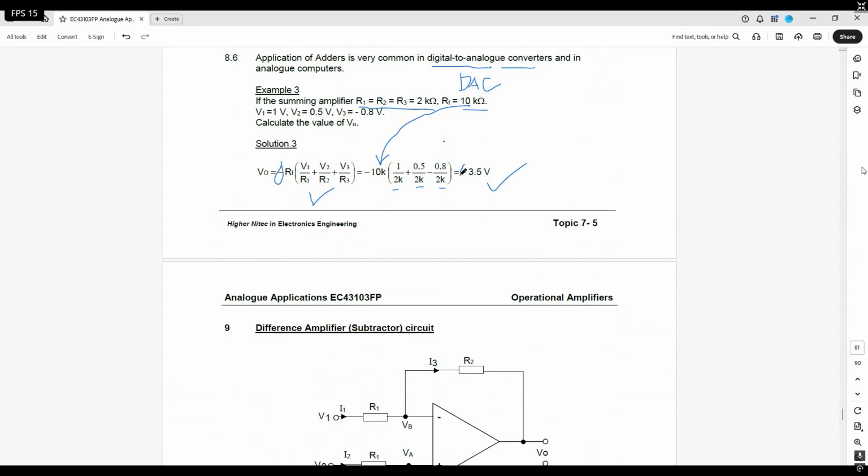I still emphasize, please don't forget to write the negative sign, because without the negative sign it becomes 3.5 volts and the answer is incorrect. Any question? I pause for a short while in case you want to clarify any part of the calculation for the summing circuit. Any question?